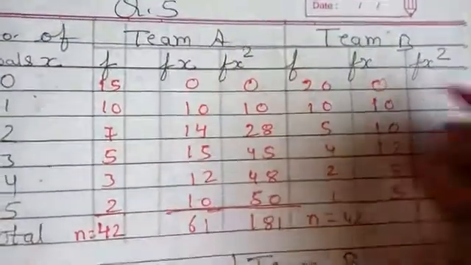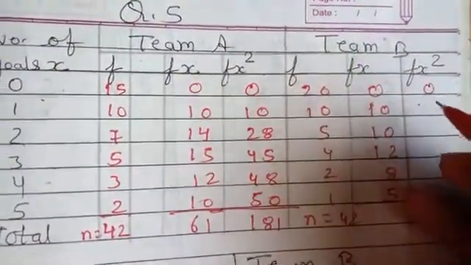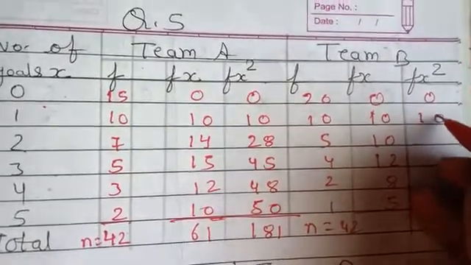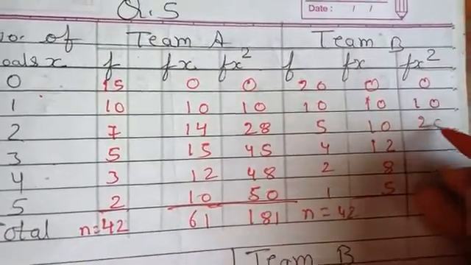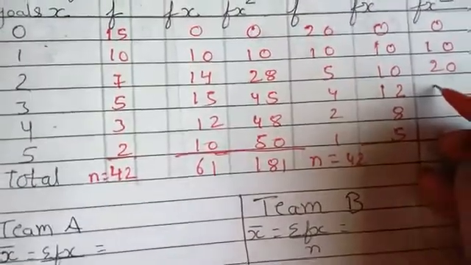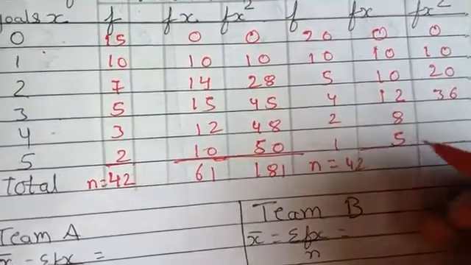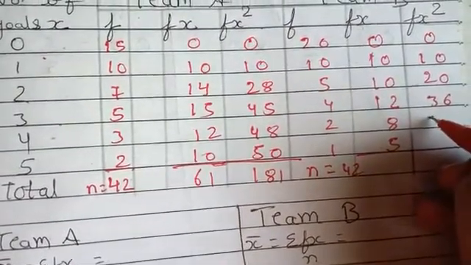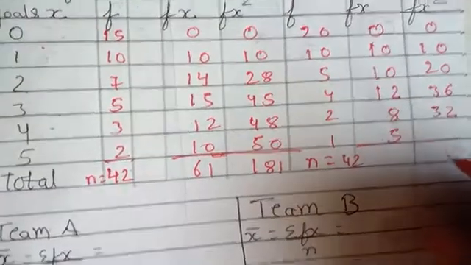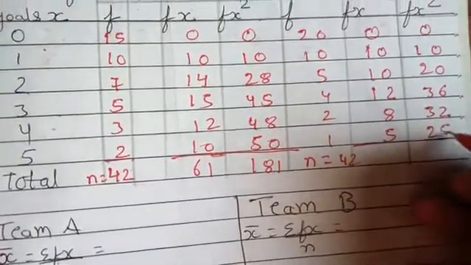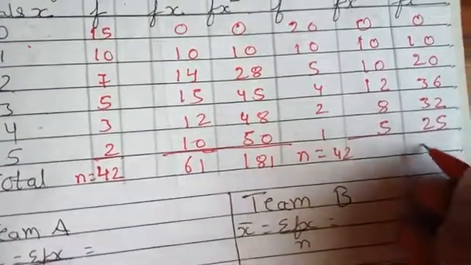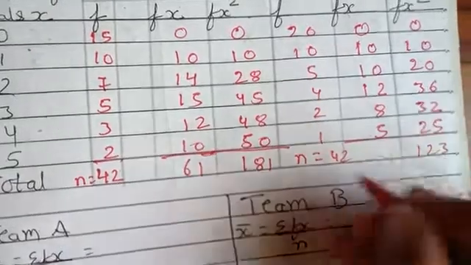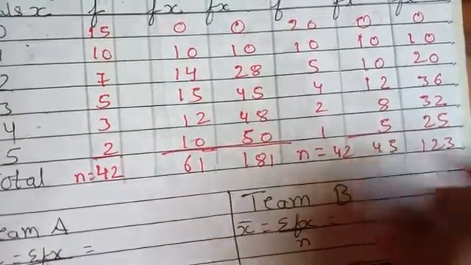So 0 multiplied by 0 is 0, 1 multiplied by 10 is equal to 10, 2 multiplied by 10 is equal to 20, 3 multiplied by 12 is equal to 36, 4 multiplied by 8 is equal to 32, and 5 multiplied by 5 is equal to 25. So the totals are 45 and 123.